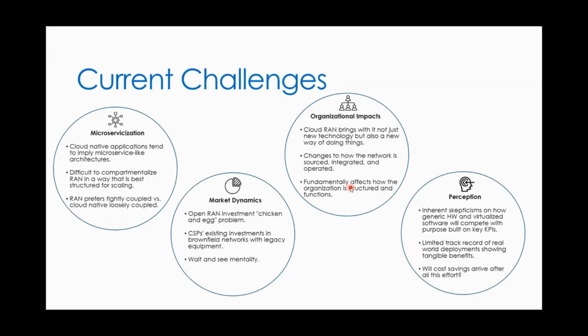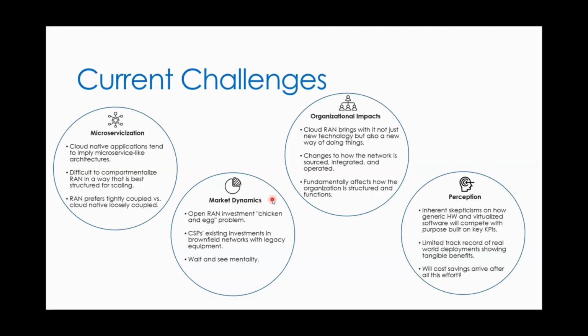So some of the current challenges, again, the microservitization where you're trying to pull these things apart, is very difficult to do. Market dynamics also plays a major factor. So Open RAN and Cloud RAN have what I call the chicken and egg problem. The idea is that you have these telcos that say, okay, great, I want all this new Cloud RAN equipment.